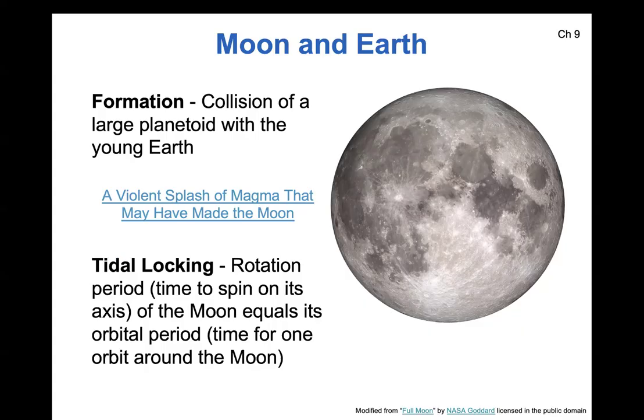Okay, we do have tidal locking, just to bring that up, which we kind of didn't touch on as much as you might expect when we talked about all the phases of the moon. And that just means that the rotation period of the moon is the same as its orbital period. And that results in one face of the moon always pointing towards us.